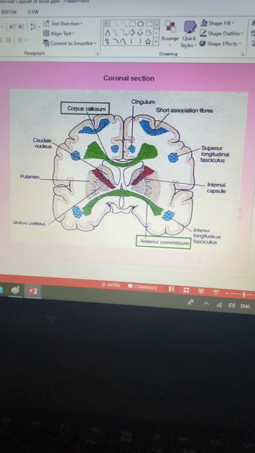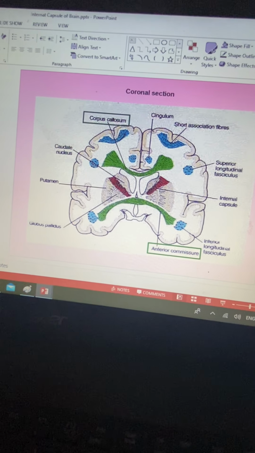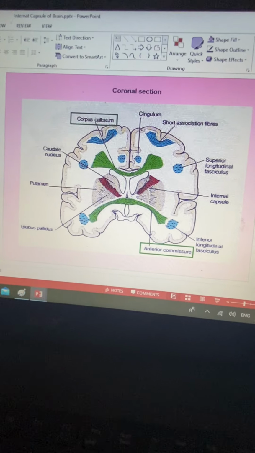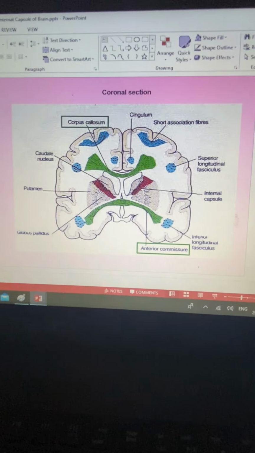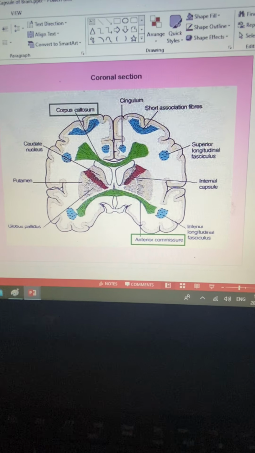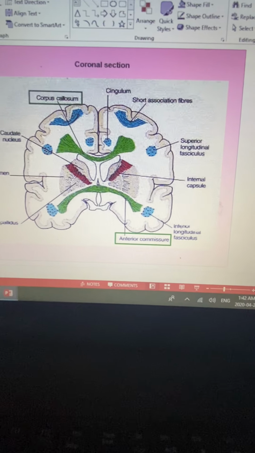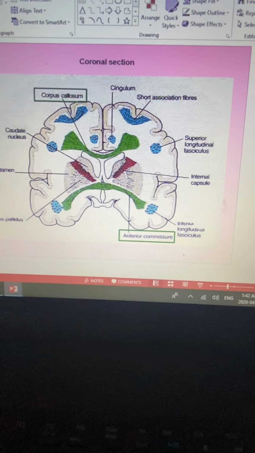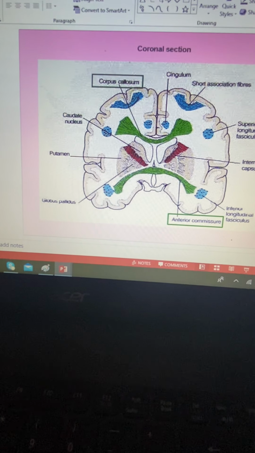This figure is showing you the anterior commissure, right? Then the association fibers: it is showing you the short association fibers. Then in the long association fibers, it is showing you the cingulum, superior longitudinal fasciculus, and inferior longitudinal fasciculus, right?